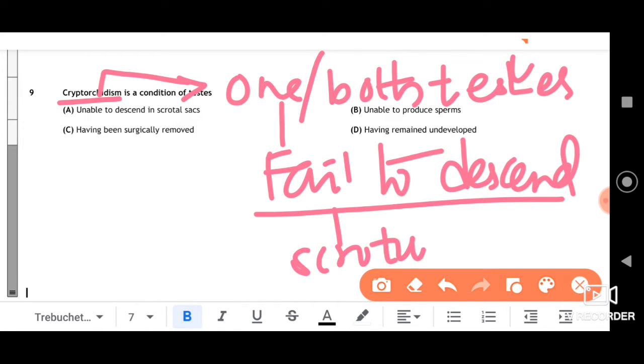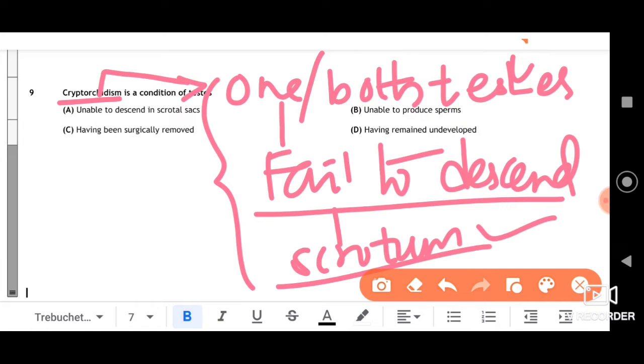They fail to descend into the scrotum. I have told you when this will happen: generally the testes will descend into the scrotum in the 7th month of fetal life. So here, of course, the answer will be unable to descend in scrotal sacs. That will be the more appropriate answer.